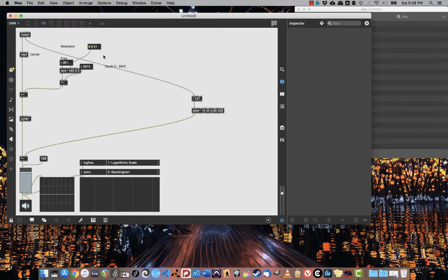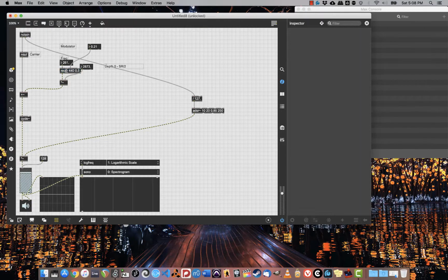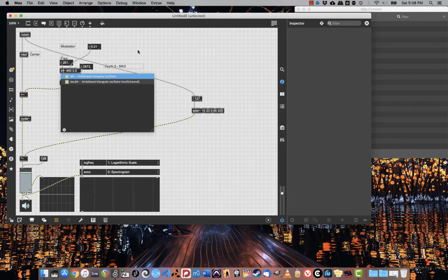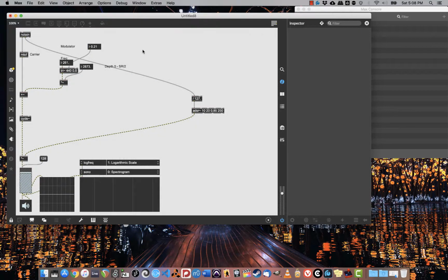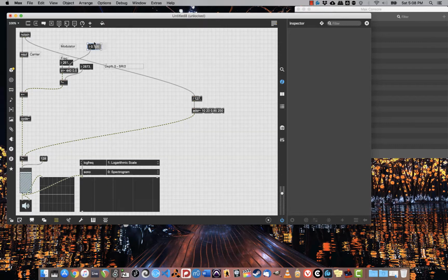Kind of cool. What about a triangle wave? I am liking that. But last but not least, because I have to, what about a sawtooth wave?